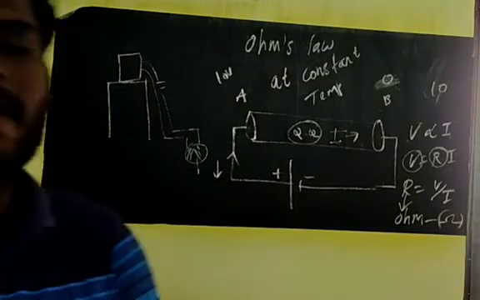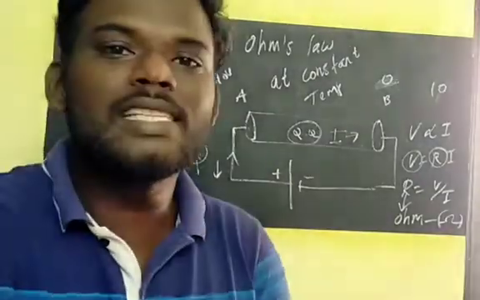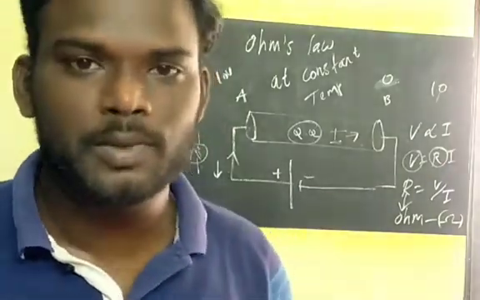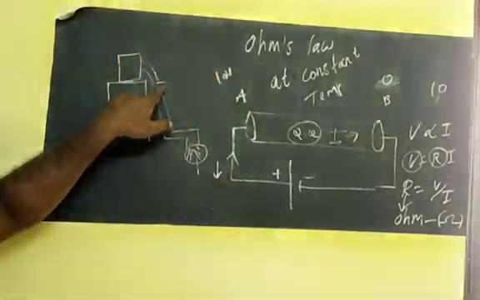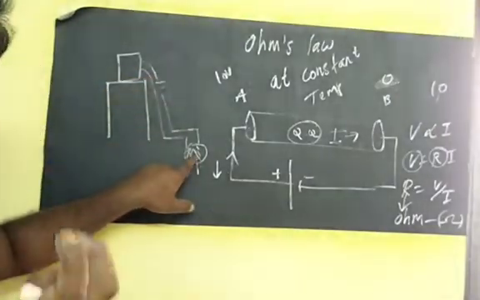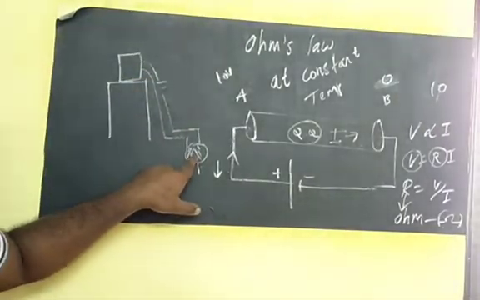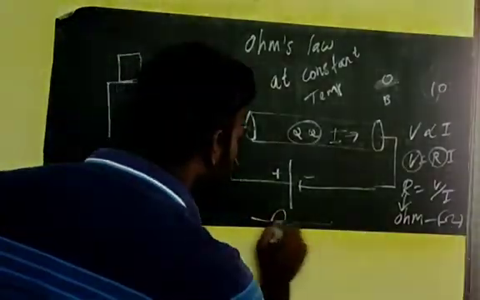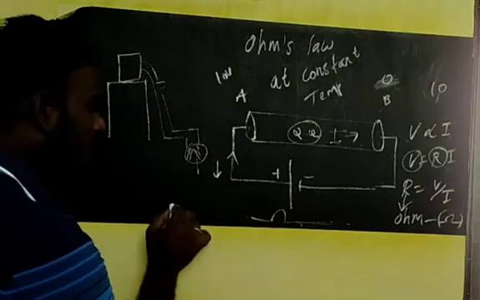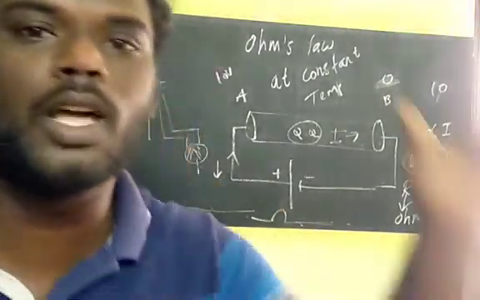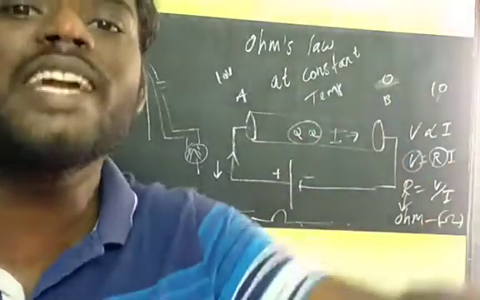What is meant by resistance? Resistance always opposes the rate of flow of charges, like a leakage. When the leakage increases, the speed of the water coming out through the pipe will decrease. Also, look at a speed breaker on the road. The vehicle may come with great speed, but when it comes closer to the speed breaker, the speed has to decrease.